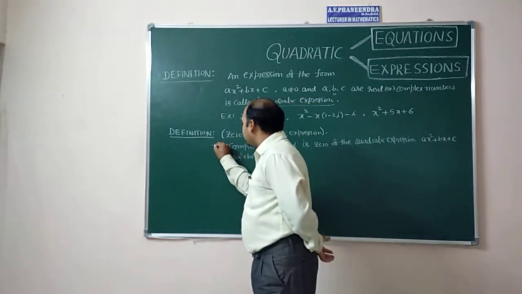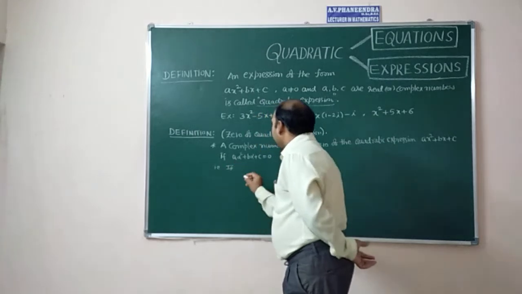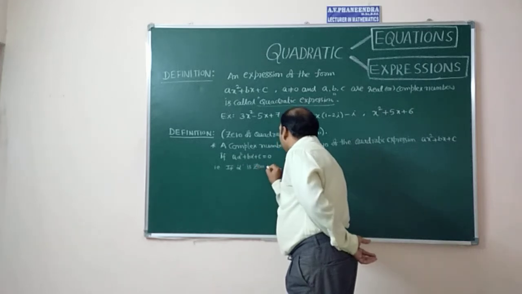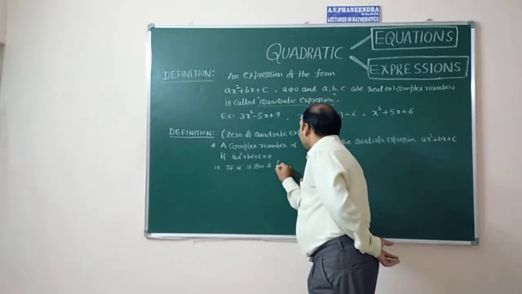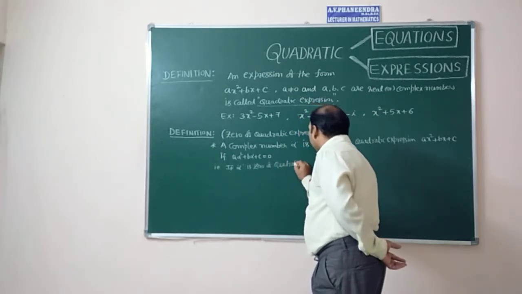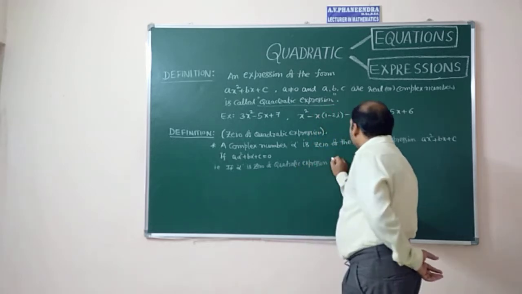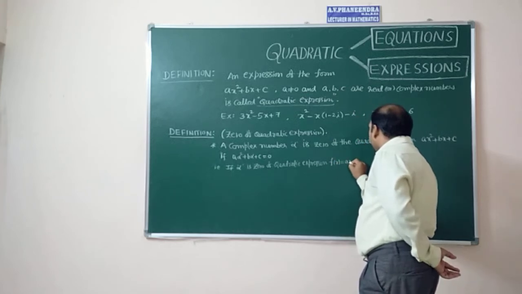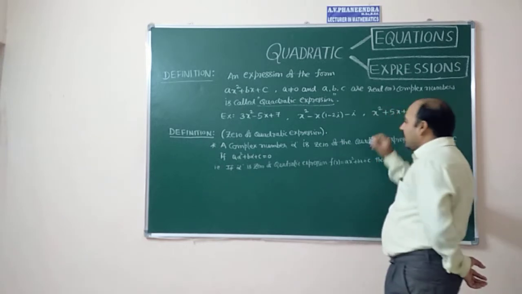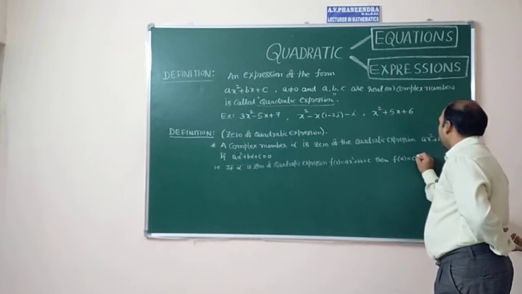In other words, if alpha is a zero of the quadratic expression f of x equal to ax square plus bx plus c, then f of alpha equal to 0.